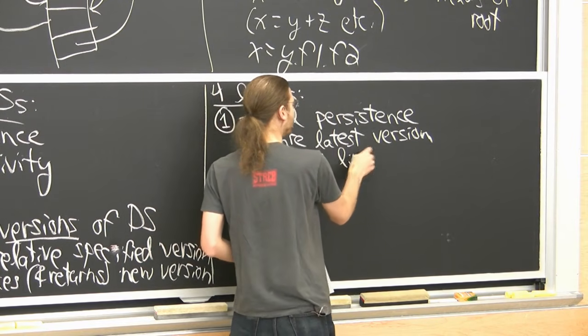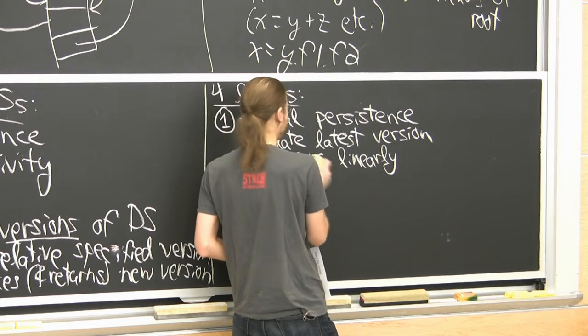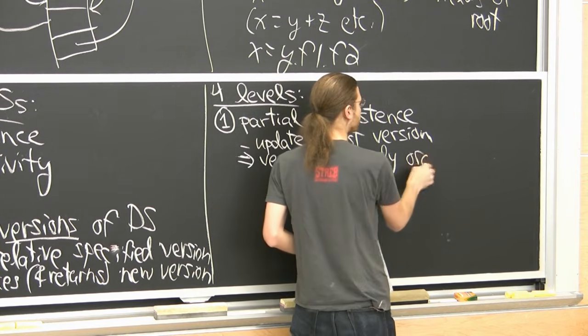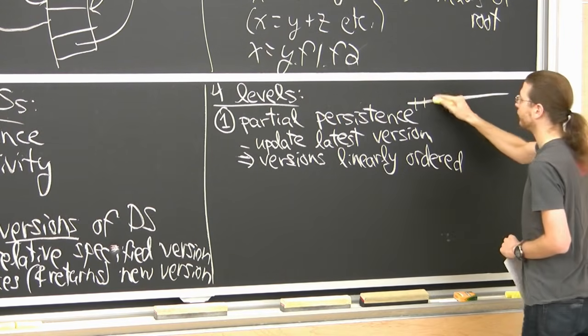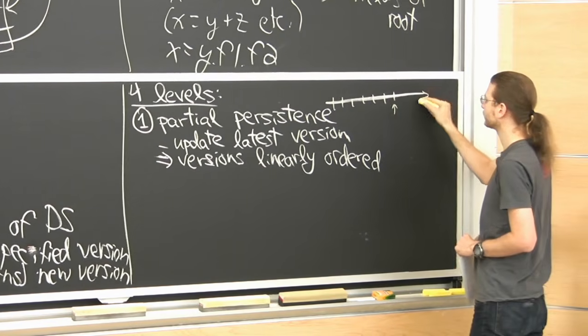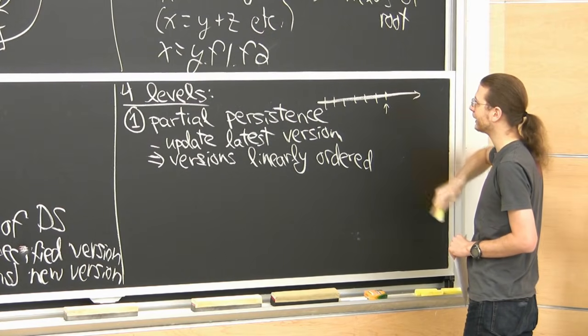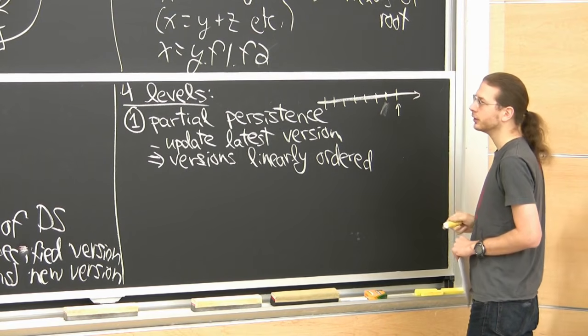This is the easiest to think about. Time travel can easily get confusing, so start simple. We have a timeline, various versions on it. This is the latest, and what we can do is update that version. We'll get a new version, and then our latest is this one.